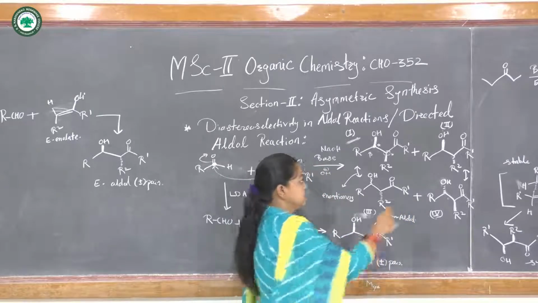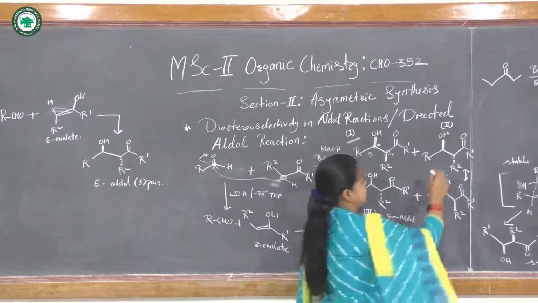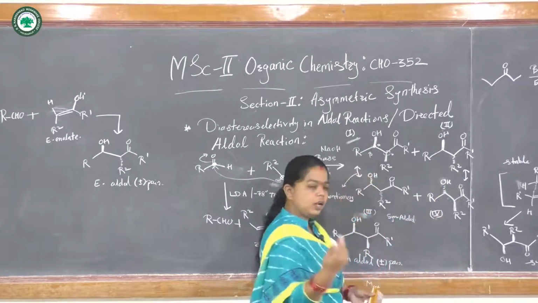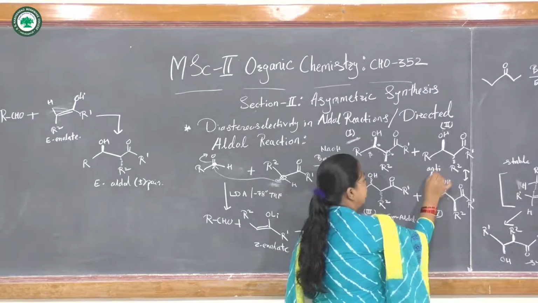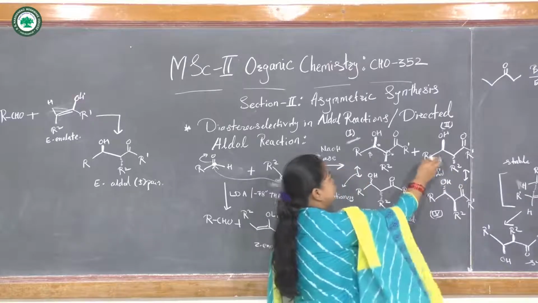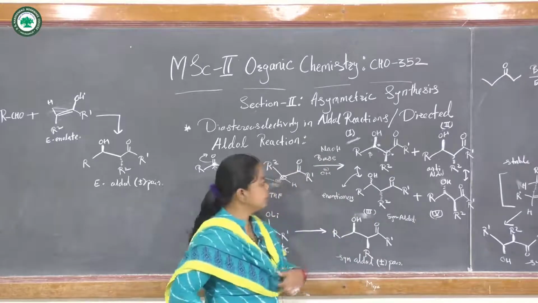Now another possibility of the product may be the anti. So here the OH group is beta oriented, R2 is alpha oriented. So this is the anti product, or anti aldol, formed in this reaction. So these two differ in the configuration here.